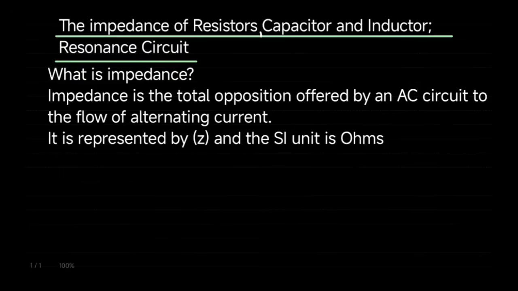Now what's impedance? Impedance is defined as the total opposition offered by an AC circuit to the flow of alternating current. It is represented by the letter Z and the unit is ohms.